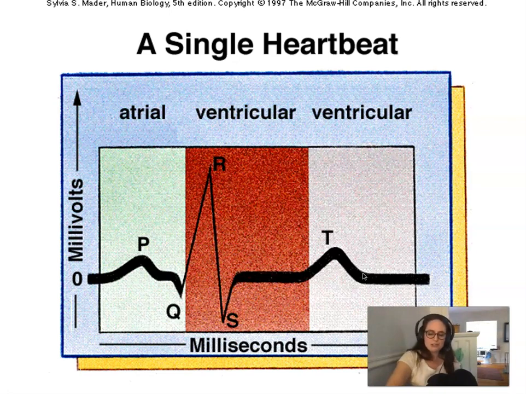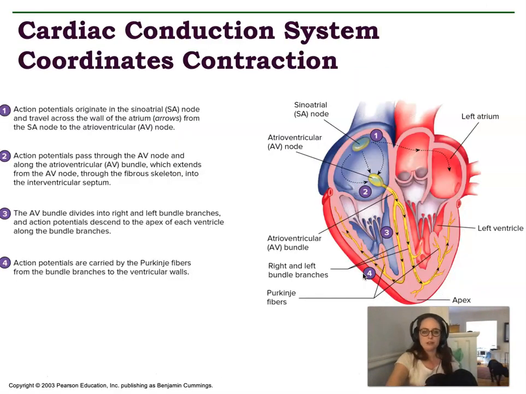Now, if you remember your terminology from the action potential, you remember that there's depolarization and repolarization. And if you remember your electrical conducting pathway, you know that these are triggering action potentials. So the SA node fires and causes action potentials to fire across the atria. That means that these cells depolarize. That depolarization causes contraction of the atria. We call that atrial systole.